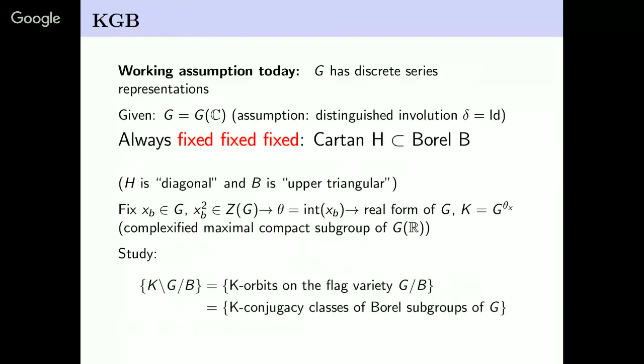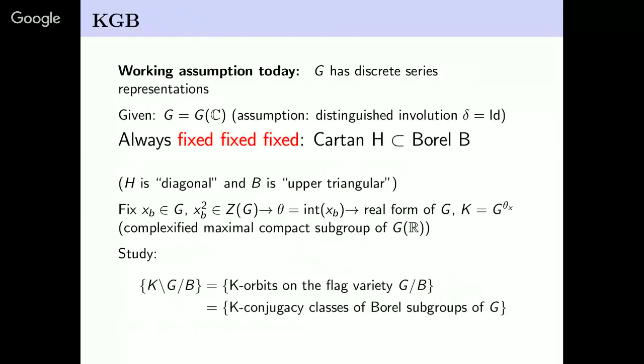That's the same thing as saying it's the K orbits acting on the flag variety G mod B. Okay, so now everything here is complex. So G of C mod B of C is a complex projective variety, and K is a complex algebraic group acting on it. And it's a fact that it has finitely many orbits.